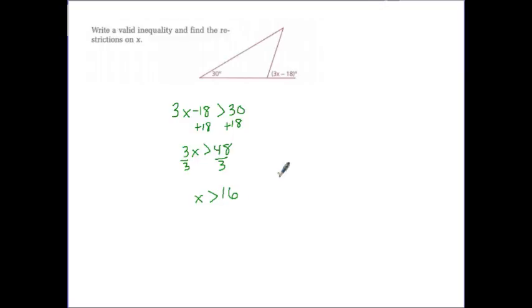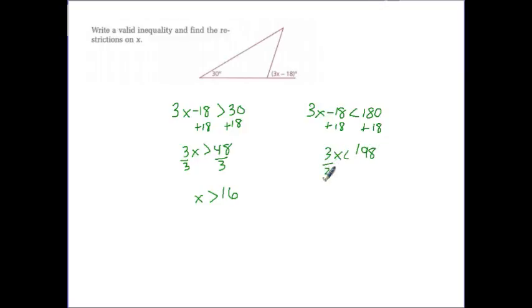Now, what restriction am I bound by? Let's think about that for a second. I definitely know that an angle, or any angle for that matter, has to be under 180 degrees. So I have a second boundary here. I have that 3x minus 18 has to be less than 180. So let's go ahead and solve that. Let's add our 18 to both sides, and we have 3x is less than 198.